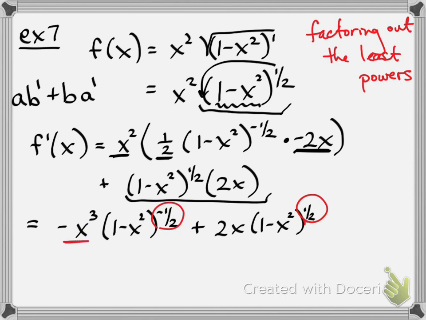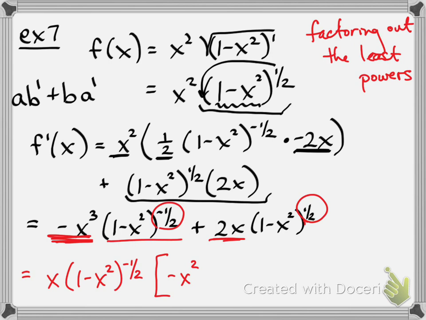And then also, if you look at these, you've got an x that we could factor out. And we'll factor out the least power. And then we'll do a bracket and we'll write down what's left. So right here we would have a negative x squared left. And we factored all of that, it's gone. Plus, for here we have a 2 left.